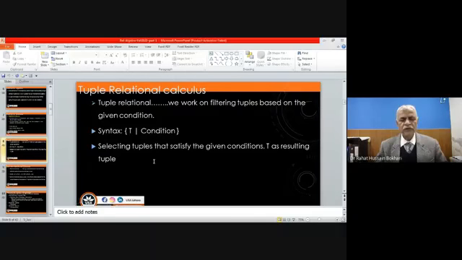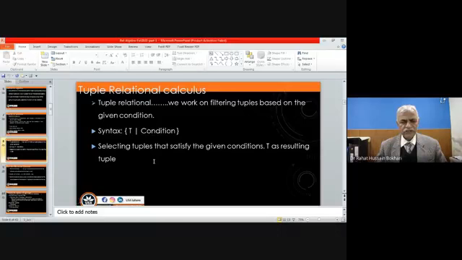Say we have about 20 records, 20 tuples. We want to filter the records so that we need only those records in which the name of the student is Aslam. So you are filtering, and your result will be only those tuples that meet the condition.